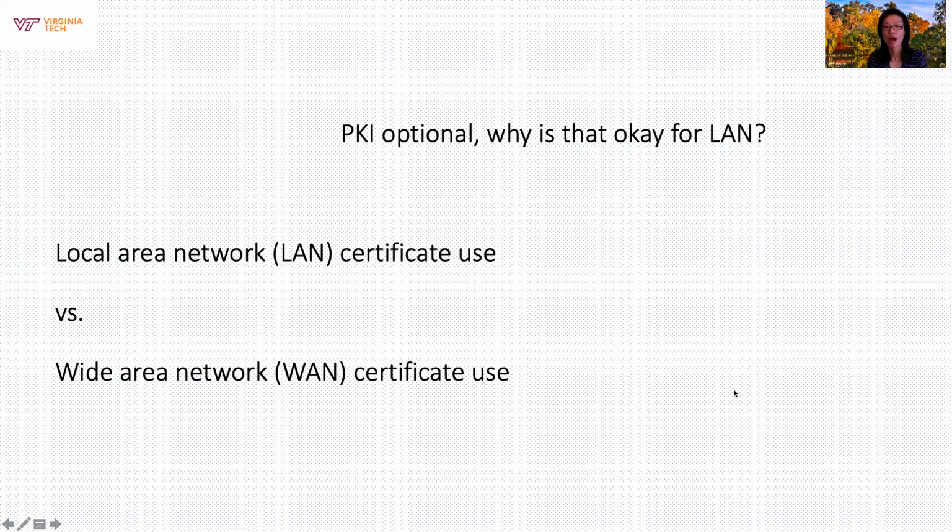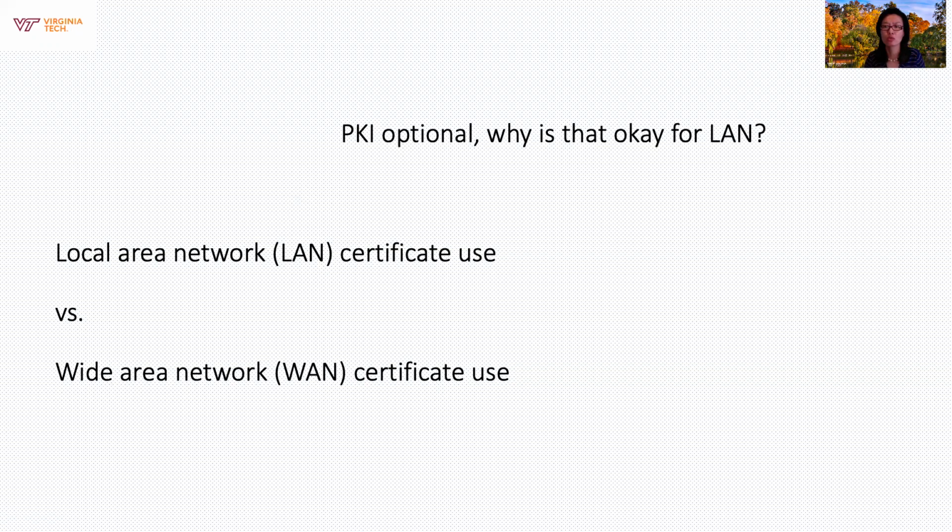So why is the public key infrastructure optional? Why are we not talking about how it's extremely important to make sure you use the right public key certificate, and to check the CA? There seem to be different flavors of it for the local area network.